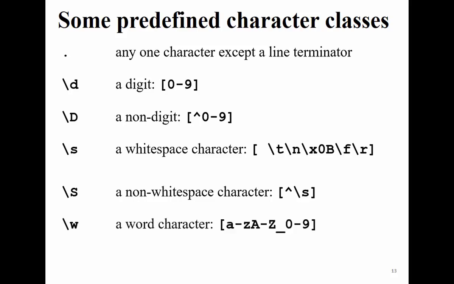And also backslash and W, we're looking for word characters, which can be any small character, capital letter characters, underscore, or any digits. If you use W capital, in this case, you are looking for non-word characters. All these predefined character classes allow us to easily create the pattern more compactly.